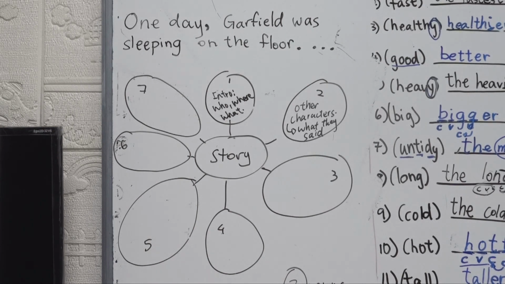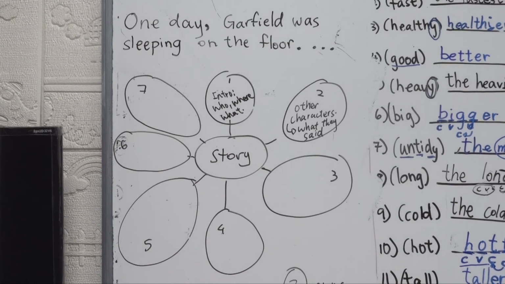We have 2 cases, so I'll put case A and case B. For case A, for superlative, we're talking about 3 or more nouns. For case B, we are talking about 1 noun out of all the others. And then remember, for 3 syllables, we put the word most for superlative. For comparative, we put the word more.